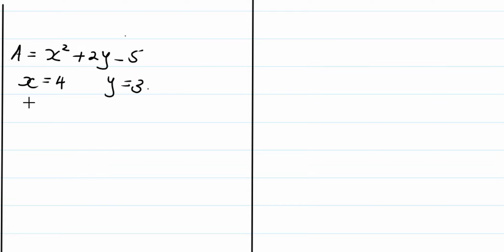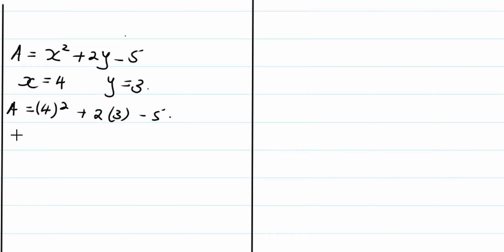As usual, the first step is to replace all the instances where we have x with 4, and all the instances where we have y with 3. So it will be a is equal to 4, because we have x here, but now squared, plus 2 times y, but y is 3, then minus this 5 here, like that.